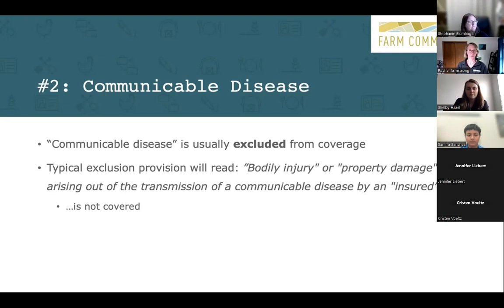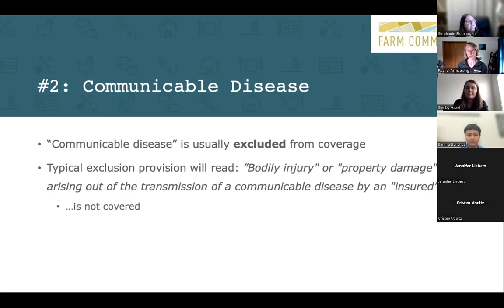They are disease. So we might hope we want our Salmonella, E. coli, and Listeria to be covered under this, but the exclusion of communicable disease is going to make that harder.